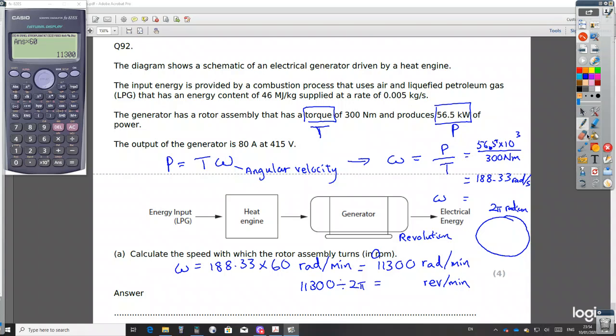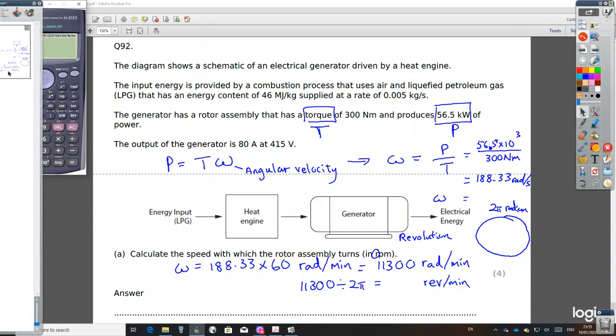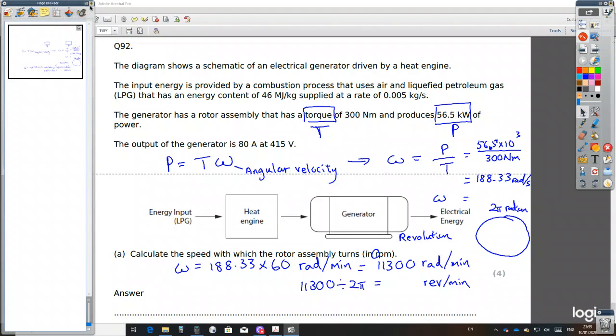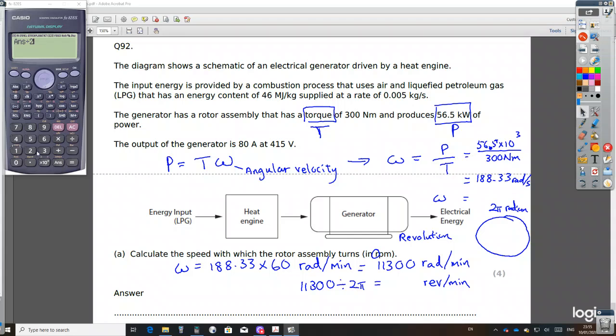So again, take that value we just worked out and divide by 2 pi. So that's the answer. It turns that amount of turns in 1 minute.